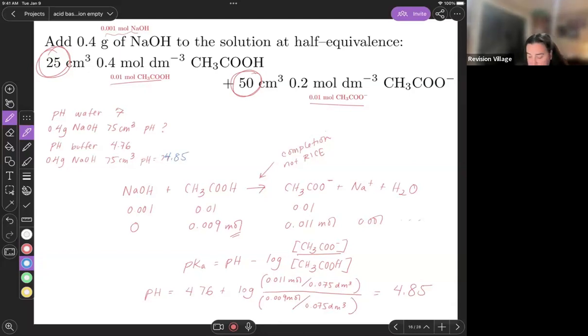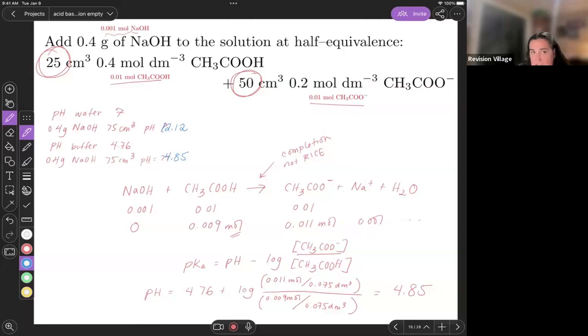Sounds like I didn't make a silly mistake, but it didn't change very much. When I added this same amount of sodium hydroxide to water, the pH actually went from 7 to 12.12. When I added it to the buffer, it didn't change hardly at all.